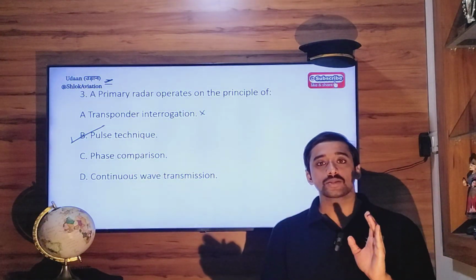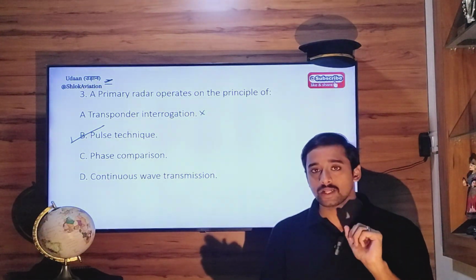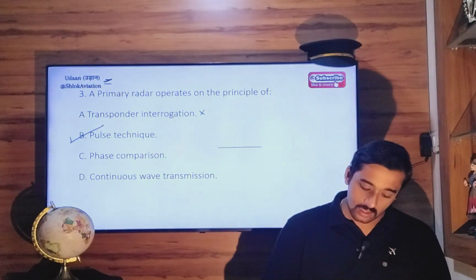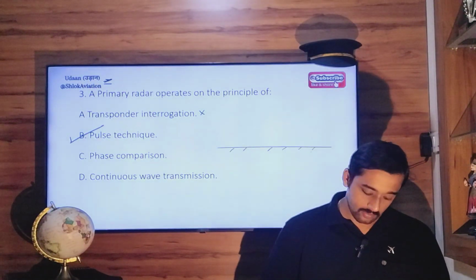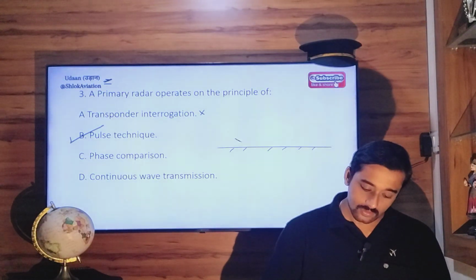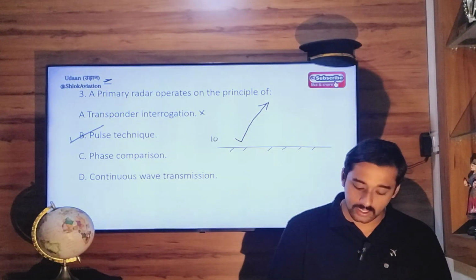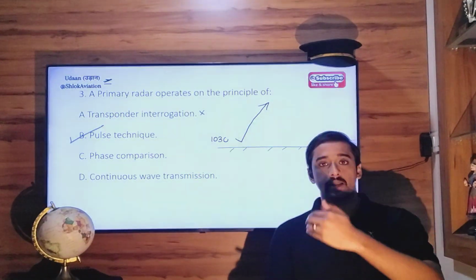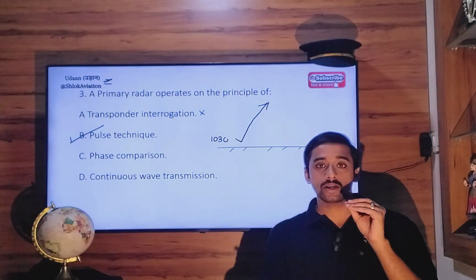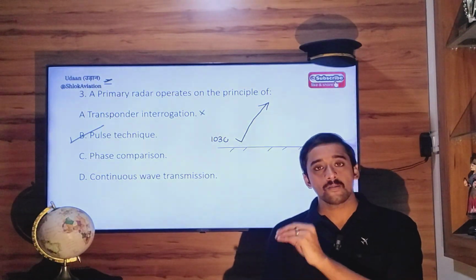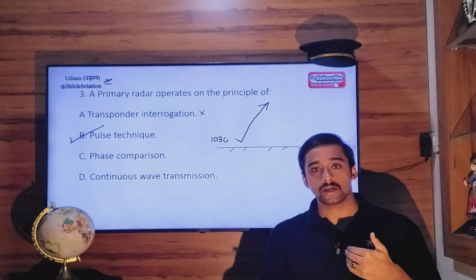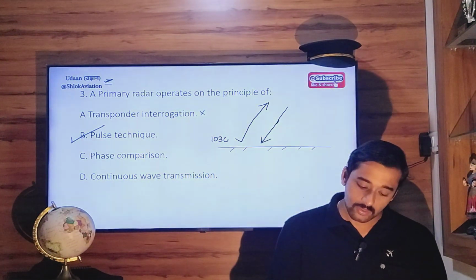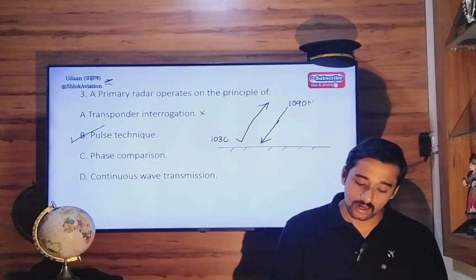In case of secondary radar, the radio wave is transmitted at one particular frequency, let's say 1030 megahertz, and it will reach the target, let's say an aircraft. After reaching the aircraft, the wave will come back from the target at a different frequency, 1090 megahertz.